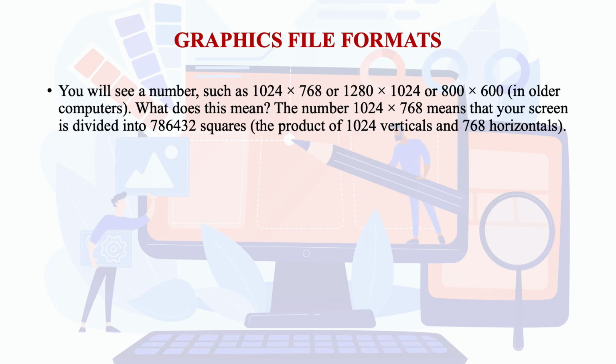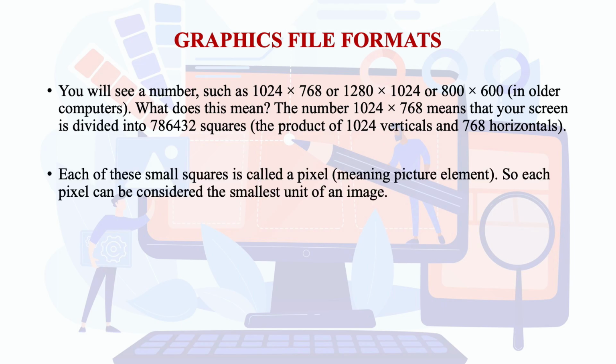The number 1024 into 768 means that your screen is divided into 7,86,432 squares. The product of this many pixels is generated.